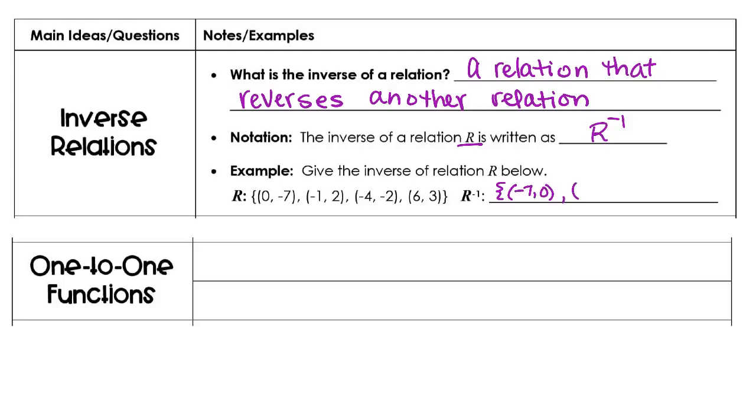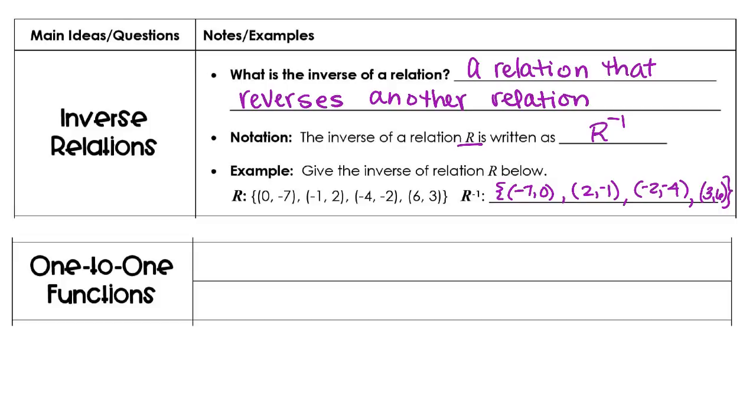The next one, 2, negative 1. Then we have negative 2, negative 4. And so forth, and the last one is going to be 3, 6. So again, we see that all we are doing here is changing places with x and y. That's important for us to remember.